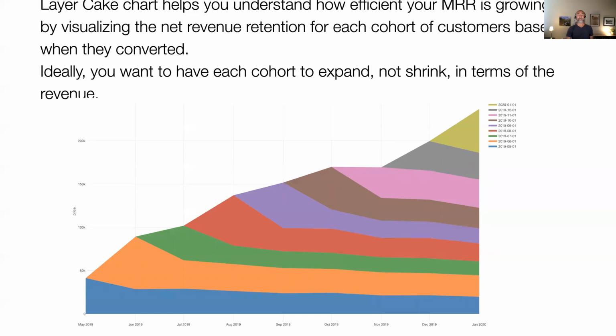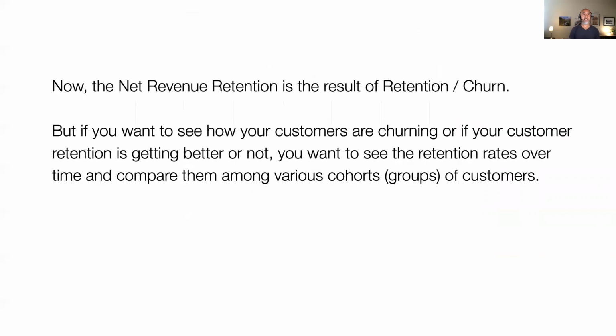Ideally, you want to see each cohort expand its net retention revenue. That means your business is growing very efficiently. You don't have to spend a lot of money acquiring new customers because your existing customers are expanding, which is a good thing. That's what we saw with the layer cake chart on the previous page.